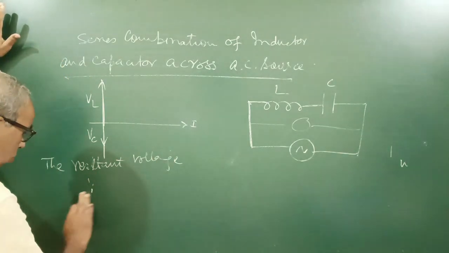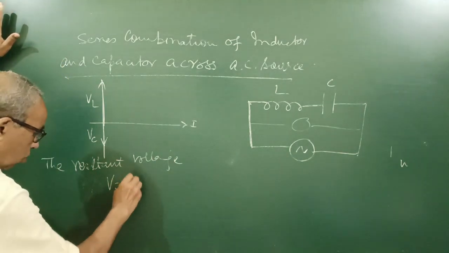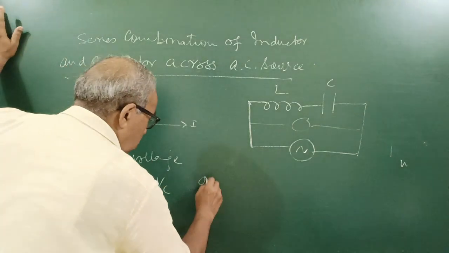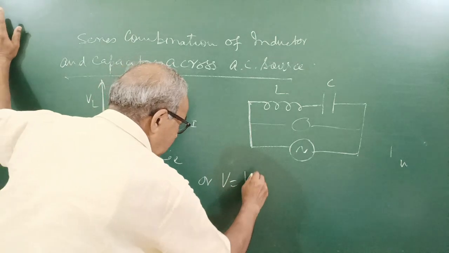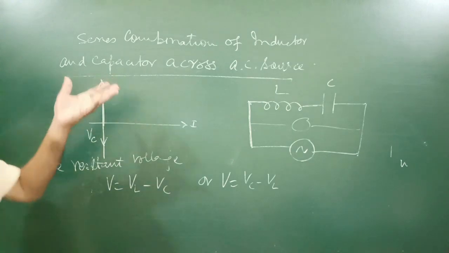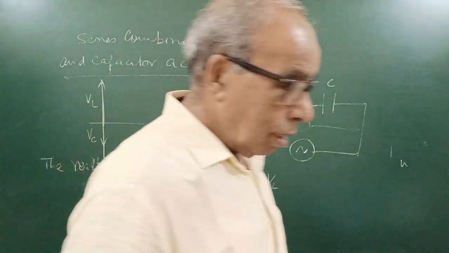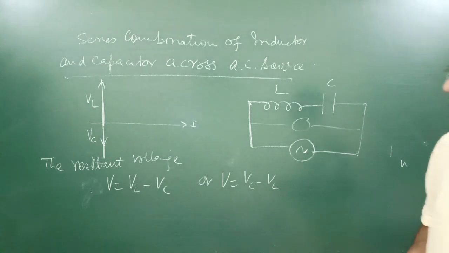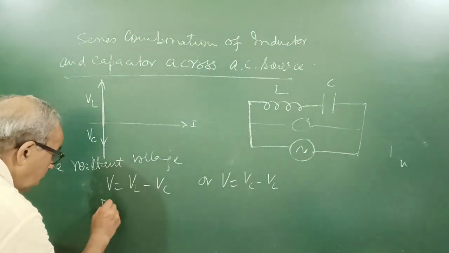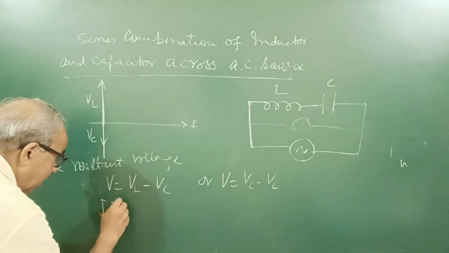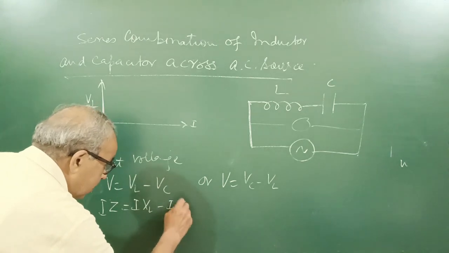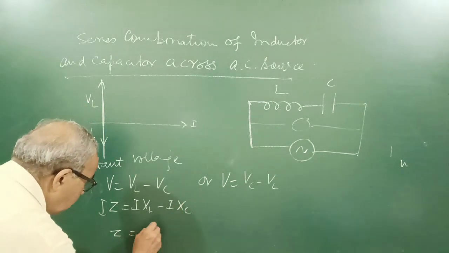V equal to VL minus VC, if VL is more than VC, or V equal to VC minus VL. It is not necessary that VL will always be more. In general, VC is greater. Or here IZ equal to I XL minus XC. So Z equal to XL minus XC.